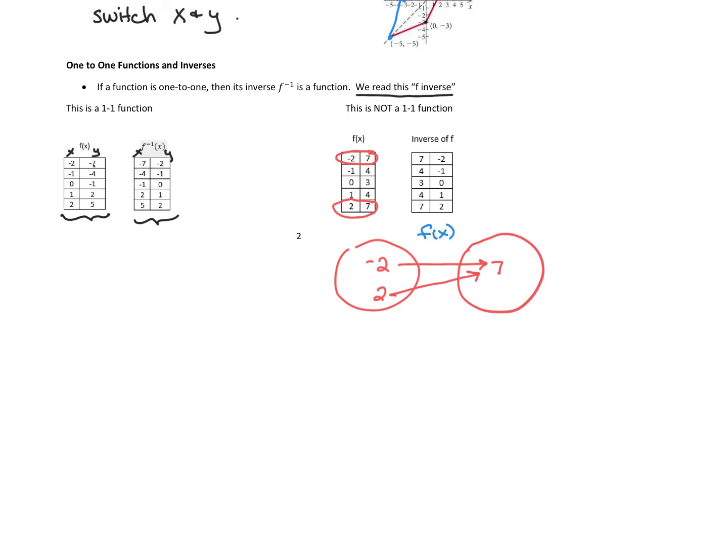But if I wanted to look at the inverse function, then 7 would not know where to go home. So we can't actually have an inverse here because, while it can be an inverse relation, it's not an inverse function.